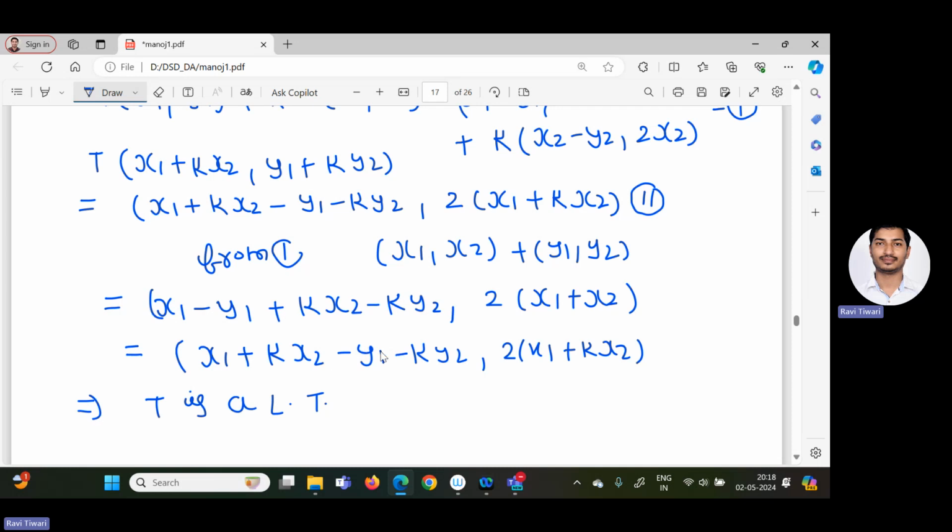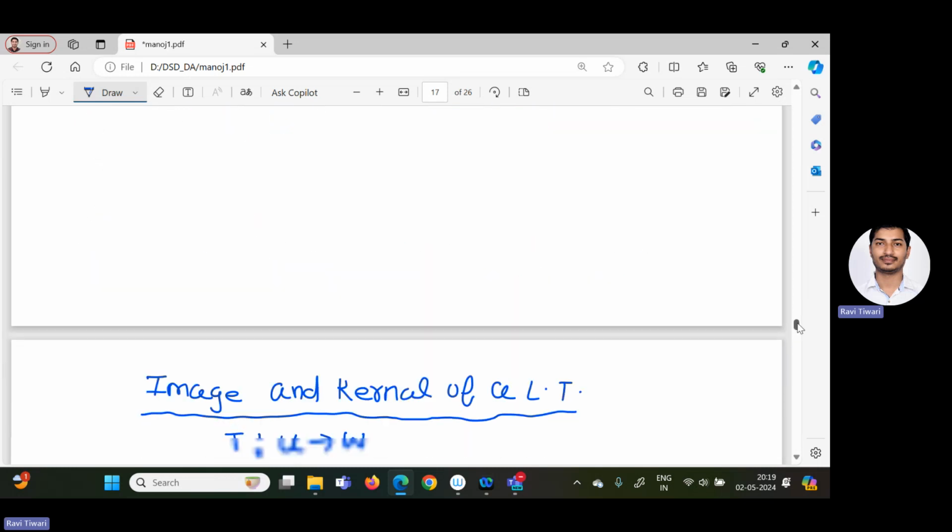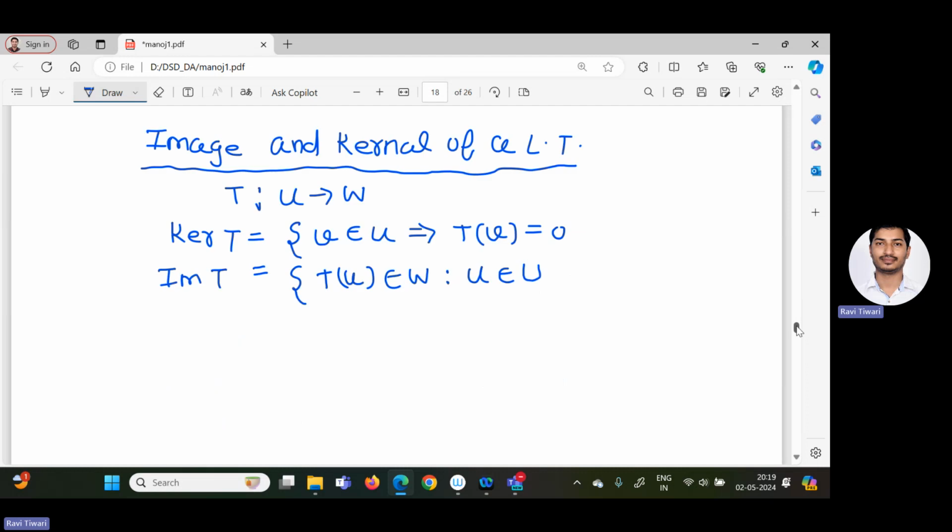So if we have to prove that T is a linear transformation, T of (x1 + kx2, y1 + ky2) we can make equal to T of (x1, y1) plus k times T of (x2, y2). Now the next topic is what is the image and the kernel of a linear transformation.